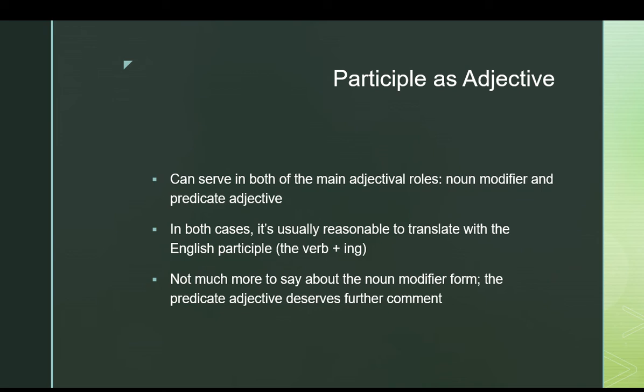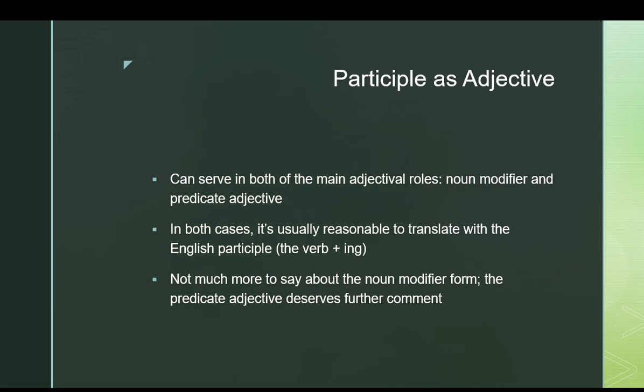But if one of them is feminine and one of them is masculine, if they aren't agreeing effectively in gender and number, then you're probably dealing with two nouns in bound construction. If they do agree, you're probably dealing with an adjective modifying participle, which again, in that case, you just translate with the verb plus -ing in English, and that will, if it's not the most correct translation, at least point you almost certainly in the direction of that most correct, least awkward sounding translation.